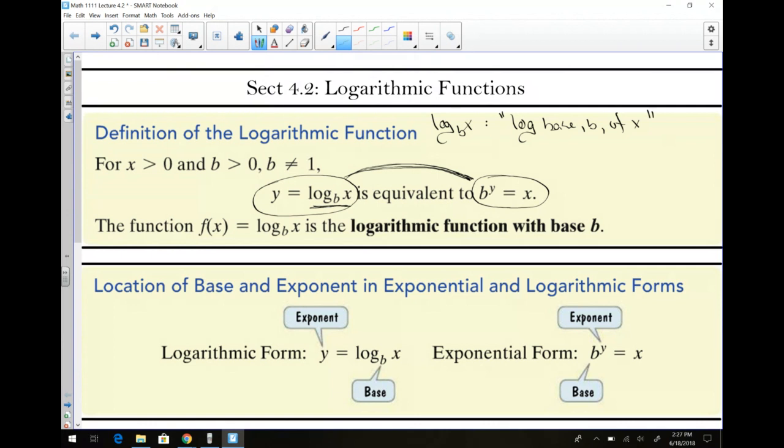Also, I want you to know how to write this. I don't want anyone writing this so that it looks like you have b times x. So just practice our handwriting on this. Remember to make that b a little bit smaller and a little bit beneath the log, whereas x should be the same height as the other letters in the word log.